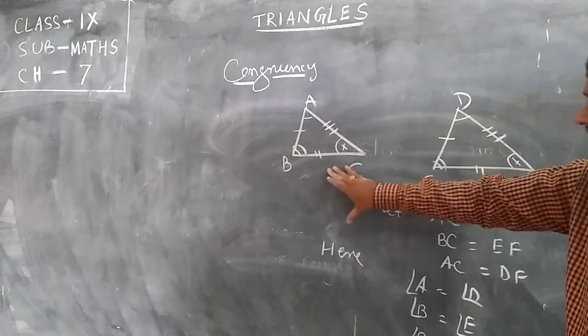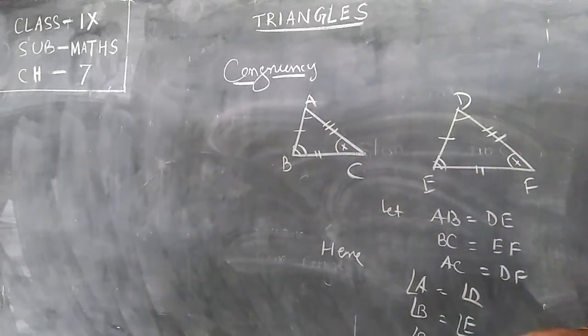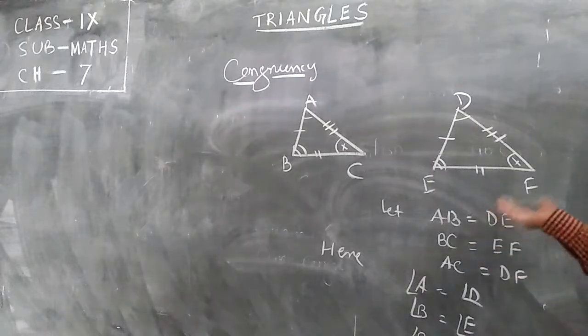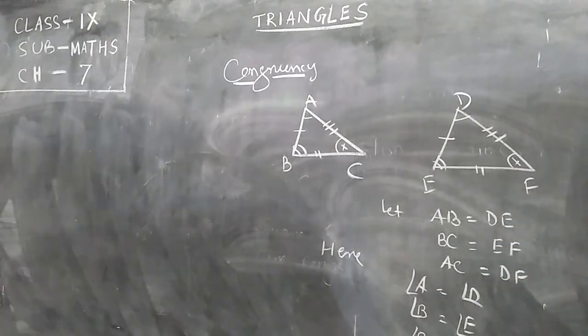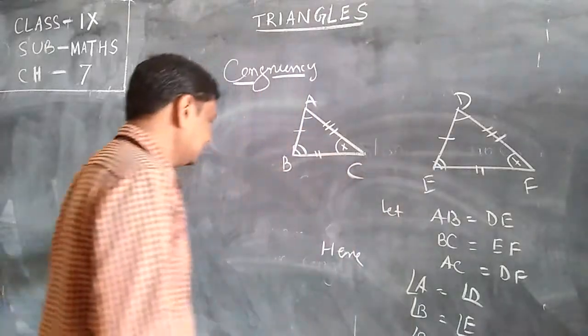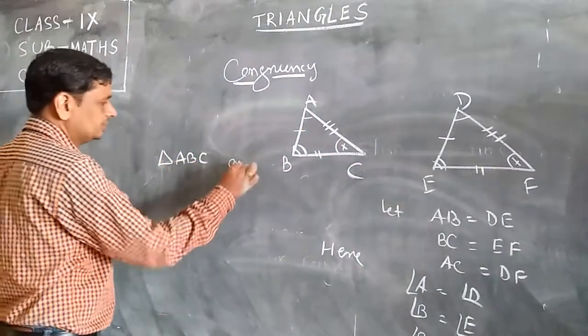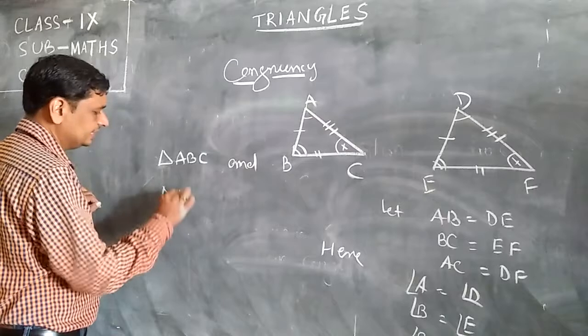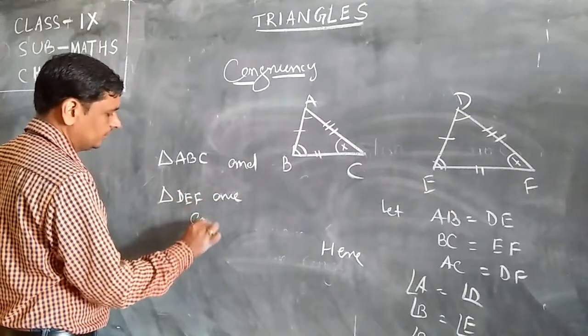Since triangle ABC and triangle DEF are exactly equal, we say both the triangles are congruent.